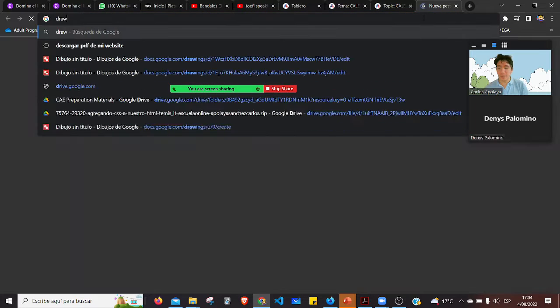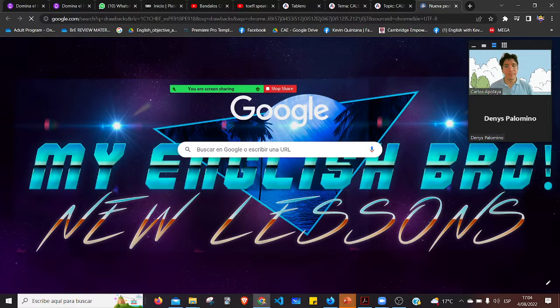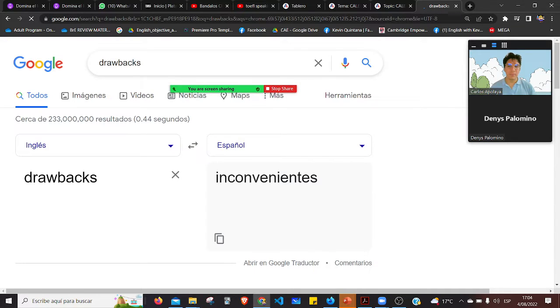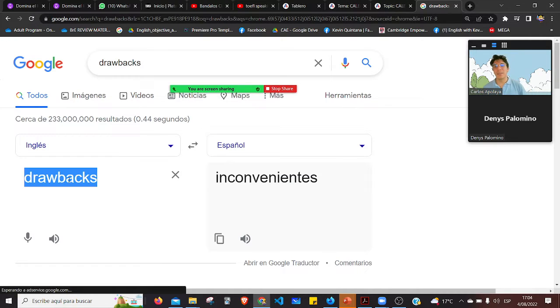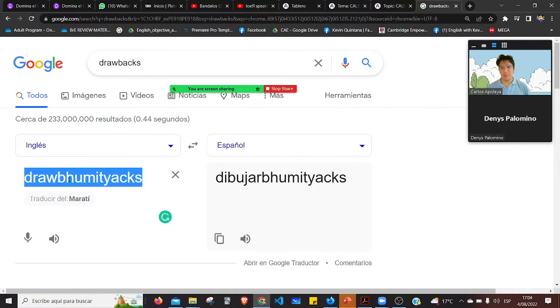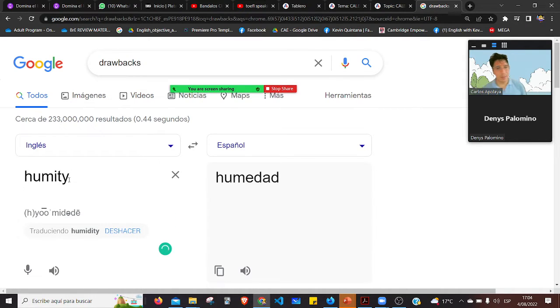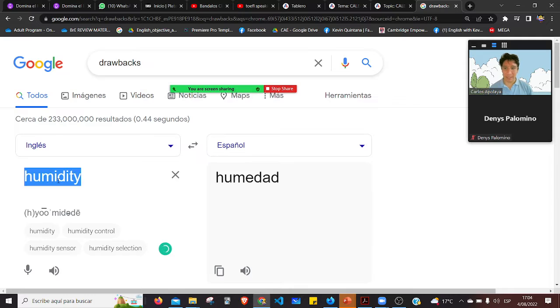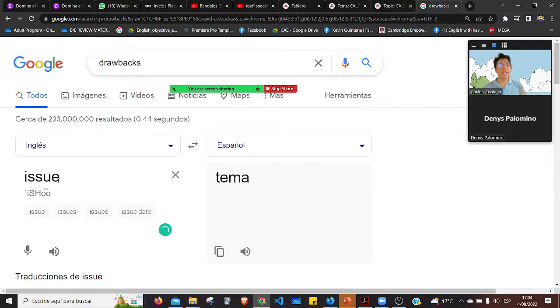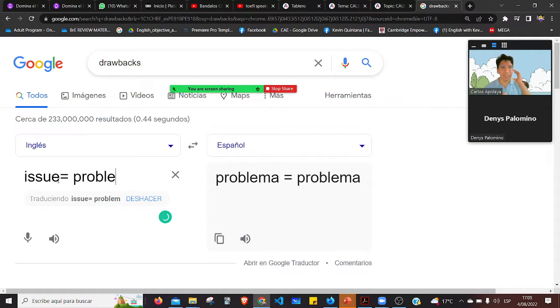I have no hesitation in saying that the main drawback is the humidity, because you have to spend a lot of money to repair all the areas that the humidity destroyed. Yes, the humidity is the main problem here, right? The main issue.